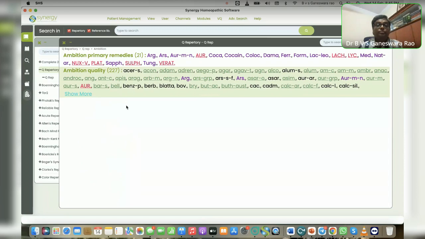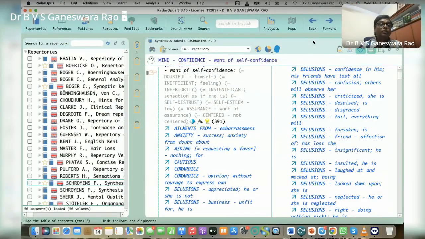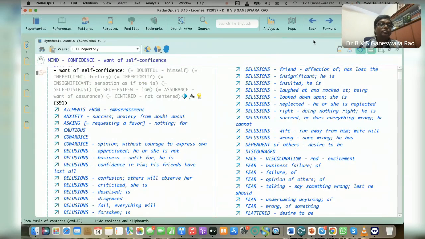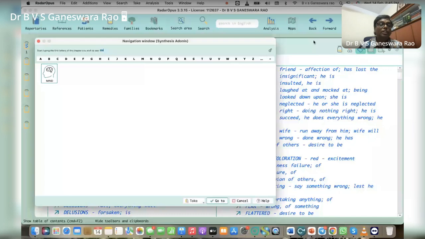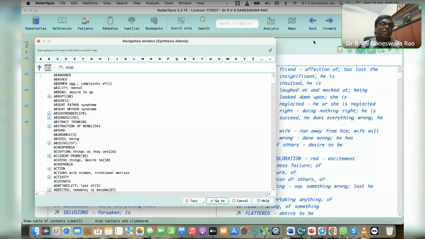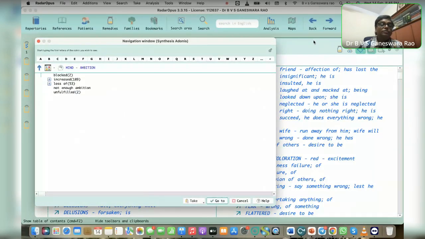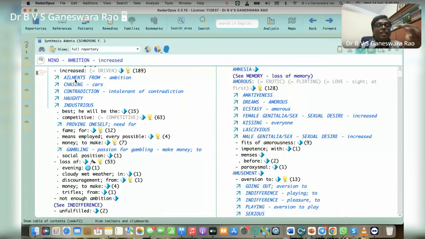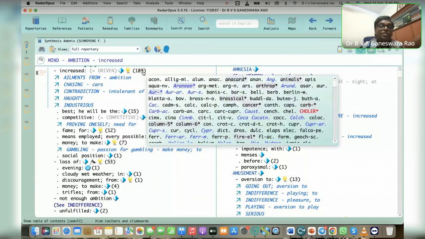For example, ambition increased, we see 189 remedies. And on the basis of symptoms, on the basis of understanding, at times we may miss the given remedy in this.